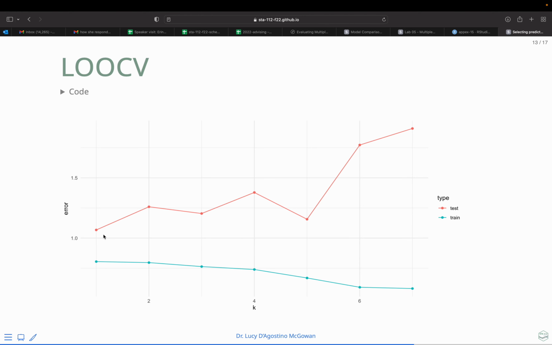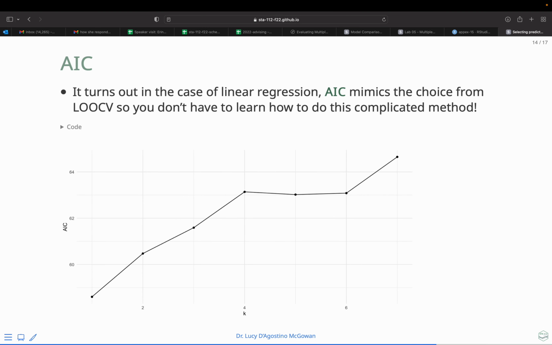In this particular case, the truth is that I should only include x1, so as I add more variables, I do worse and worse in my left-out test sample. The way you would look at this graph is you would pick the smallest point using the red line, the test data, and that suggests that I would want to fit a model with just x1. That's the one that minimizes my test error, the one that does the best.